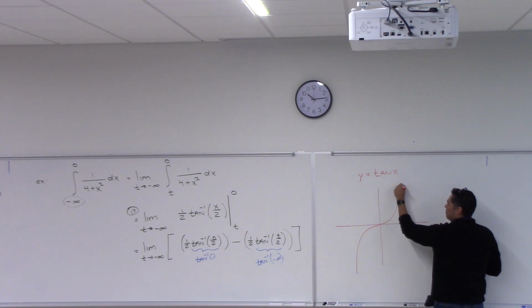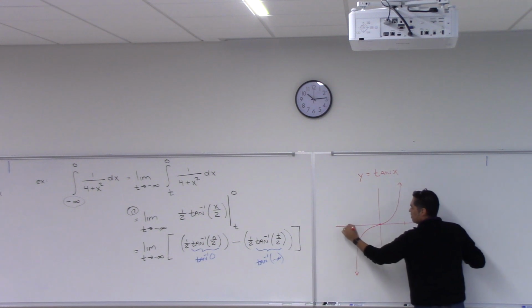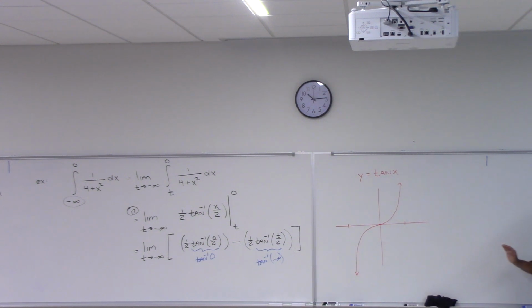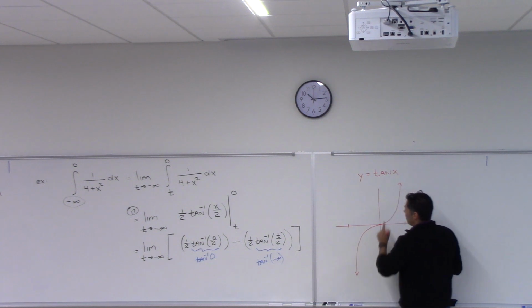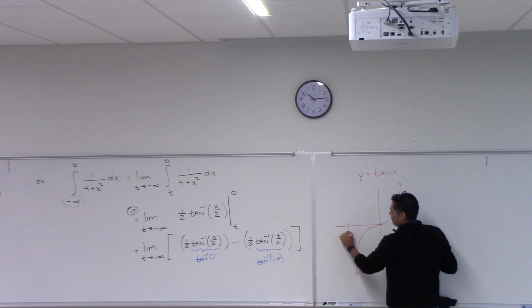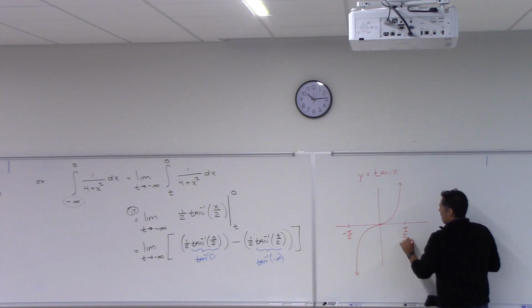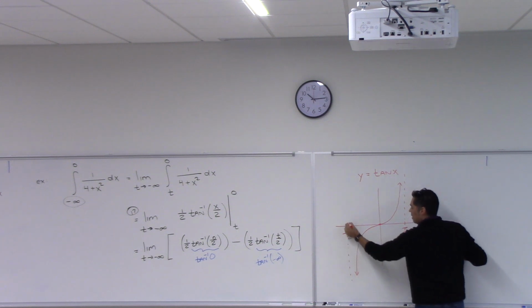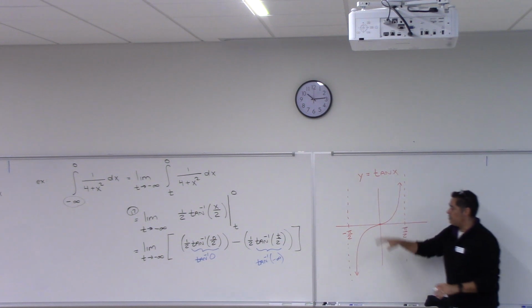And where do these vertical asymptotes occur? Not at pi for tangent. It's negative pi over 2 and pi over 2. So we have these vertical asymptotes like this, and over here we have the same thing. Then the tangent function repeats itself, keeps doing that in both directions.